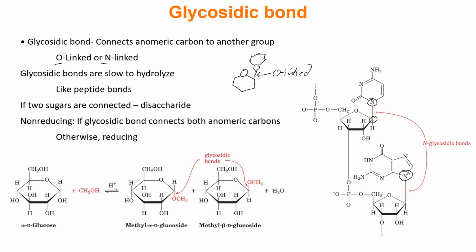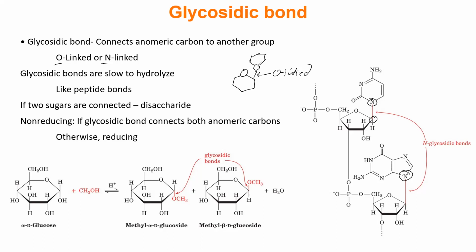And like I have in the notes, these are similar to peptide bonds in our amino acids and proteins, in that they're stable and hard to break. Glycosidic bonds are usually how sugars are attached to each other.